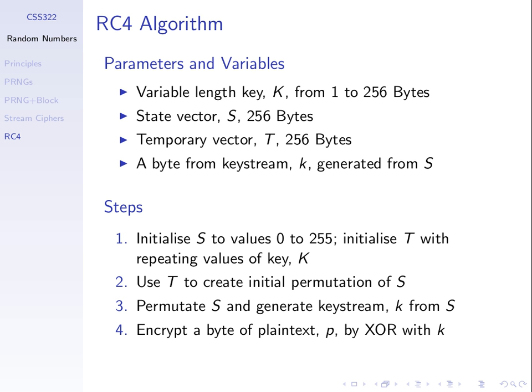Now we need to generate our random values as an output. We're going to use S and permutate it again to get some output lowercase k, the random key stream. And then we'll simply do an XOR. So we'll do one example of the next step 3 and then do one example of encryption.